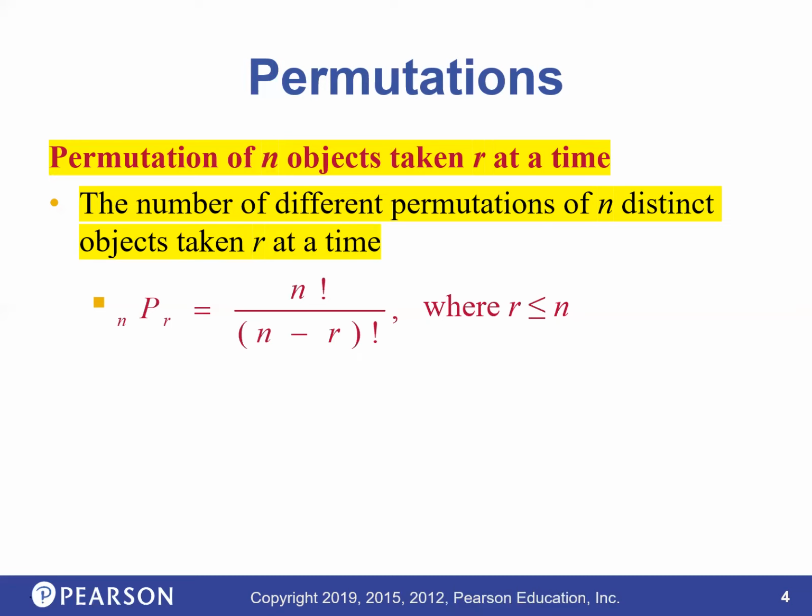On the bottom we subtract n minus r: the number of objects we have minus the number of times we're going to take them. The only thing we have to say is r has to be less than n, obviously. If you have 10 objects, you can't take 11 at a time. That does not make sense. I'll do some examples.